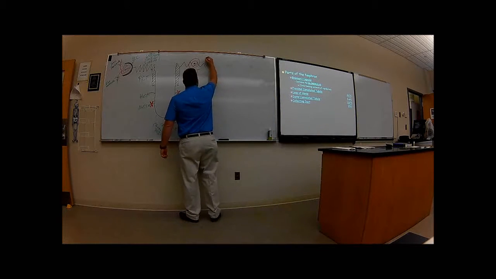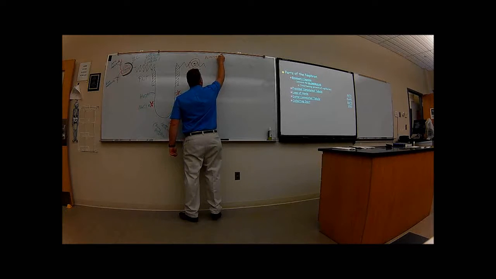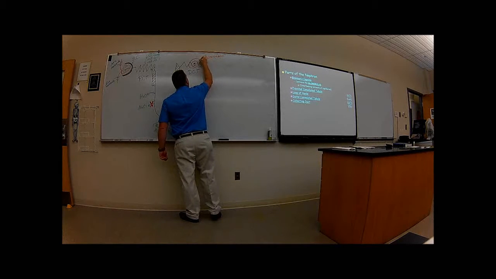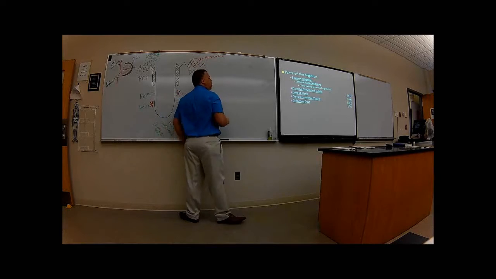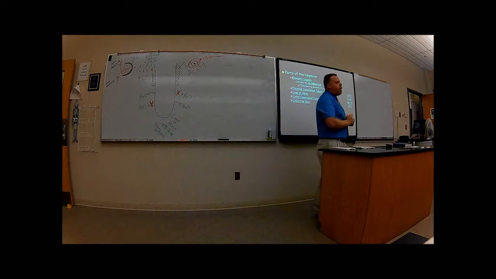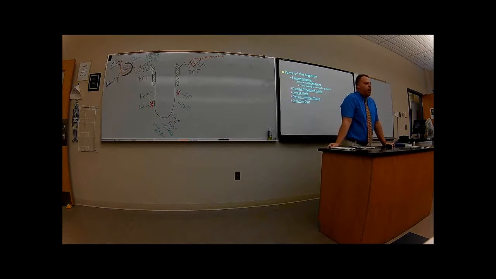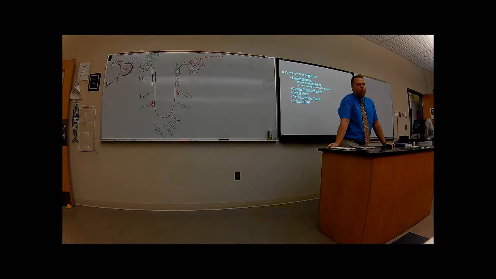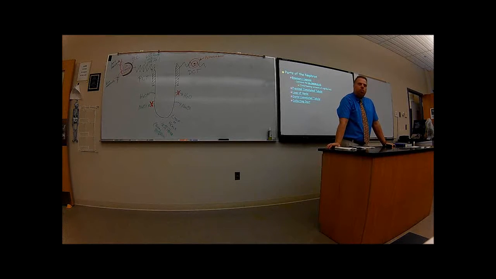Aldosterone, that's what I'm saying. Aldosterone is going to target, now you can't say kidney. Now you say it targets the DCT, the distal convoluted tubule. What does aldosterone do? Reabsorbs, and here.